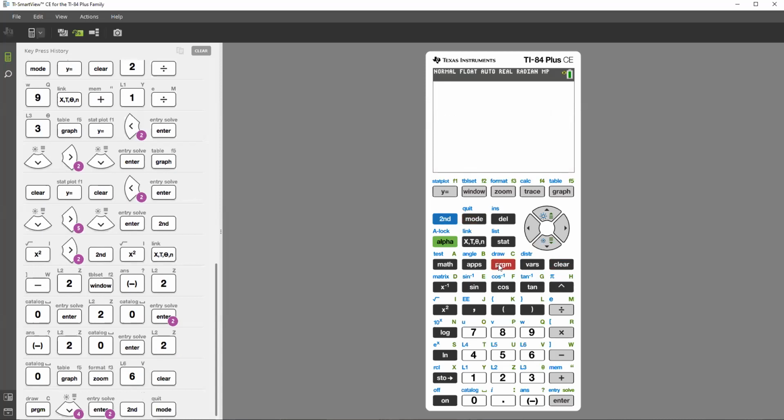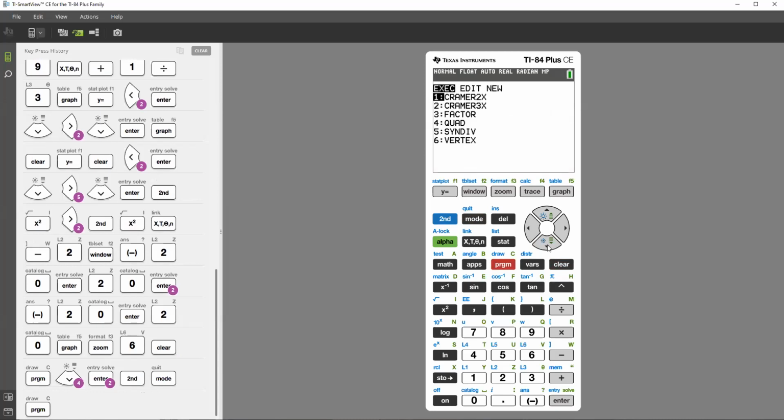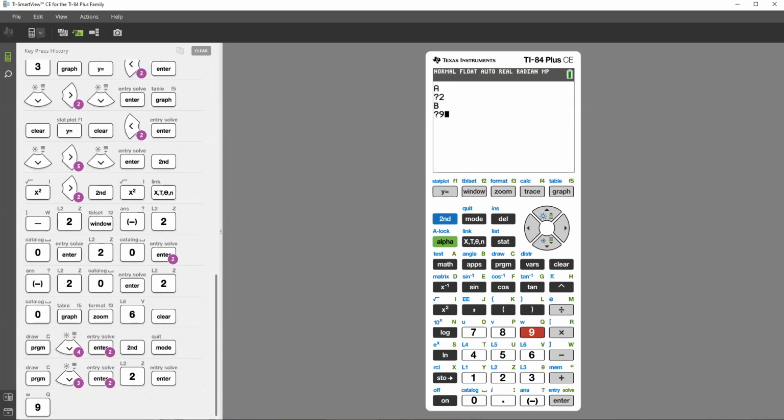I must have hit that's in div one. So there's quad, so let me get on that. All right, so quad A was 2, B was 9, C was 3. Enter. Like I said, we don't want decimals, so hit enter one more time. And there's your negative 9 plus or minus square root of 57 over 4.